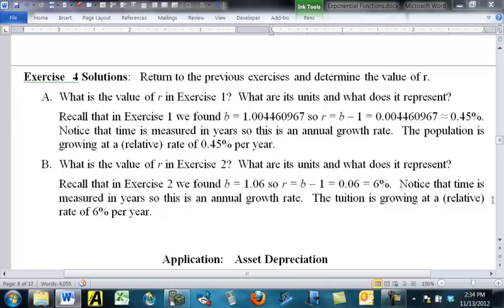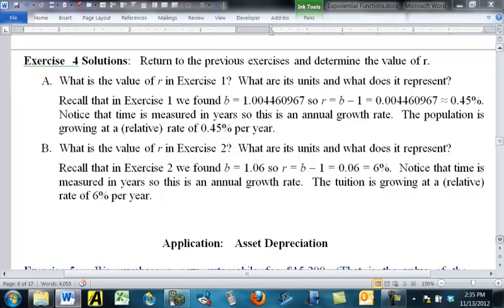This is a percent per year. So the population is growing at a relative rate of 0.45% per year. In exercise 2, we found the base to be 1.06, so R is base minus 1, which is 0.06, or 6%. Time is measured again in years, so this is again an annual growth rate. The tuition in that problem was going up at a rate of 6% per year, every year.